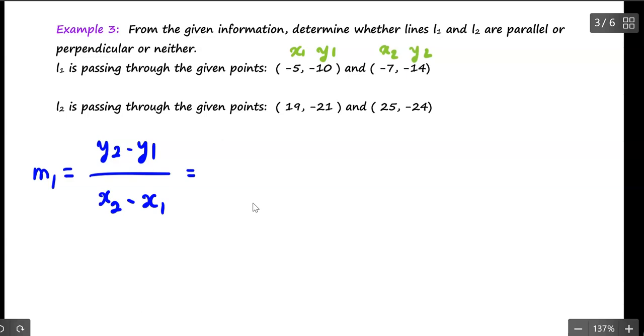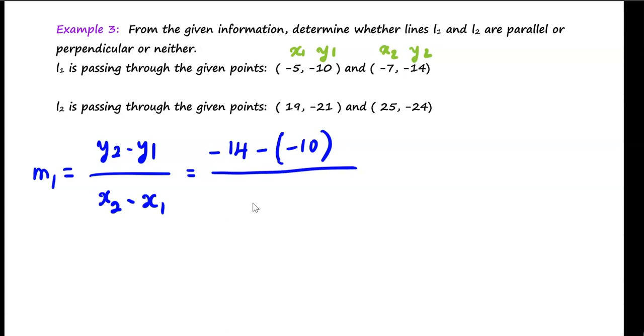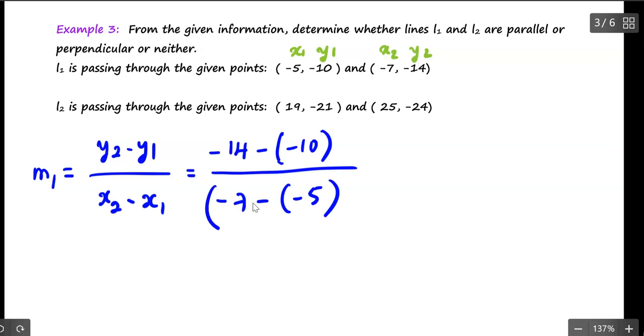So I should have negative 14 subtract negative 10, and here I should have negative 7 subtract negative 5. Okay, so x2 minus x1.